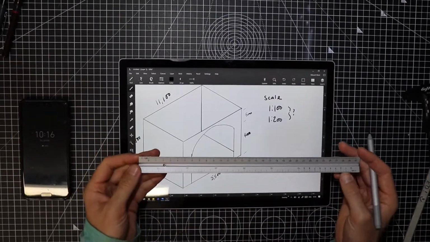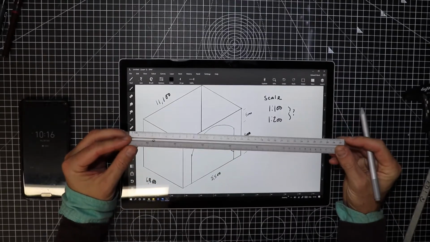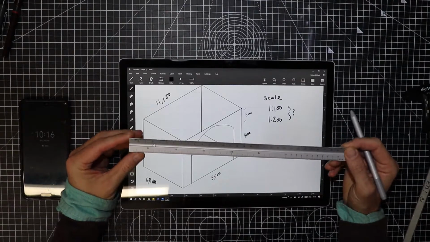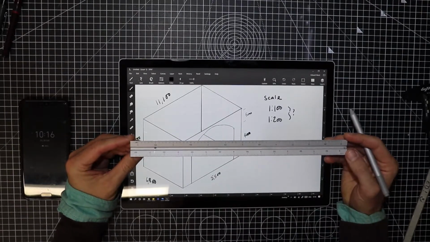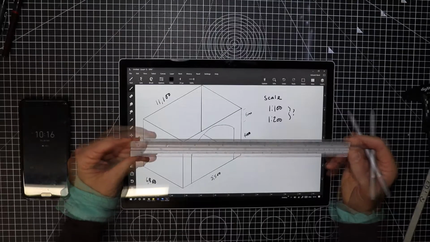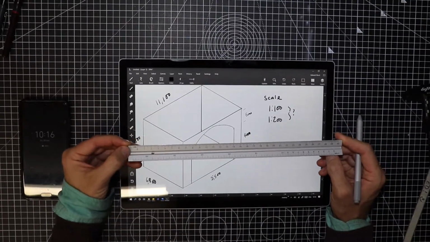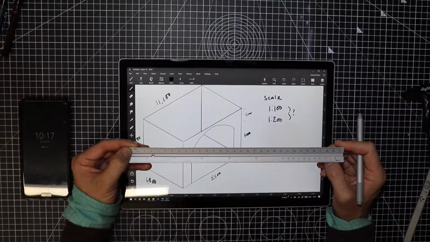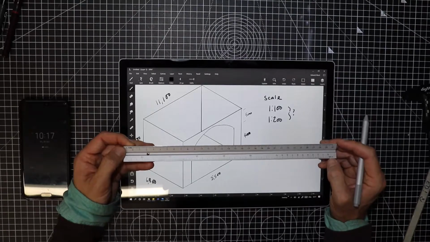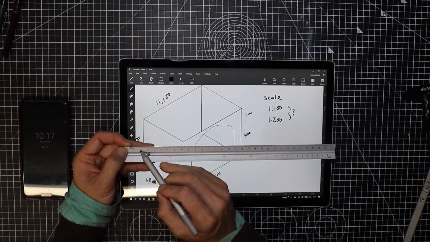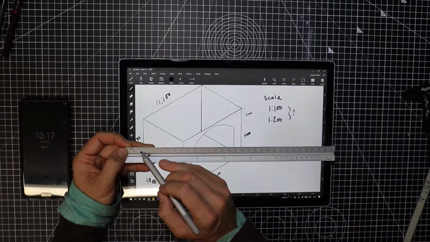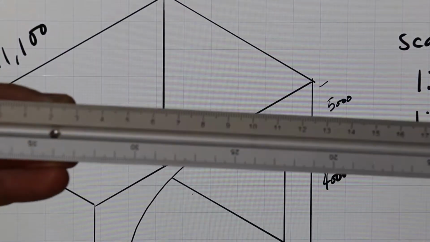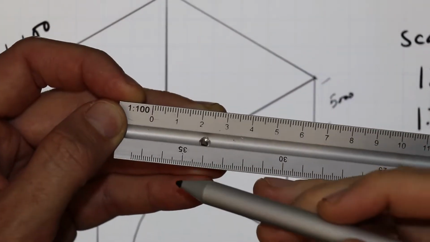So with that said, we all have our scale ruler, and what we need to do here is navigate to the scale that we just talked about, but I do have 1 to 100, which is pretty exciting. So the translation of this is quite straightforward. 1 centimetre equals 1 metre, and that's how we interpret this process.